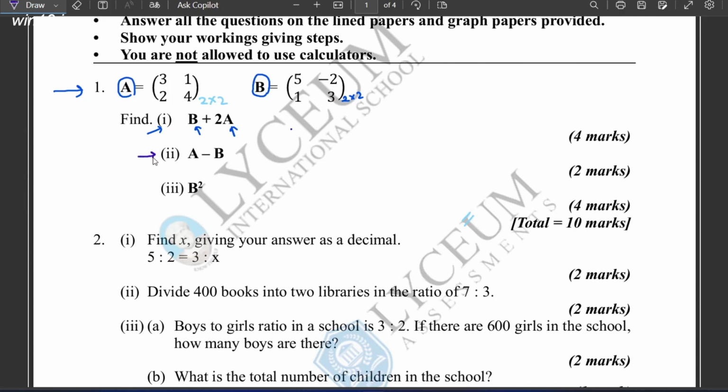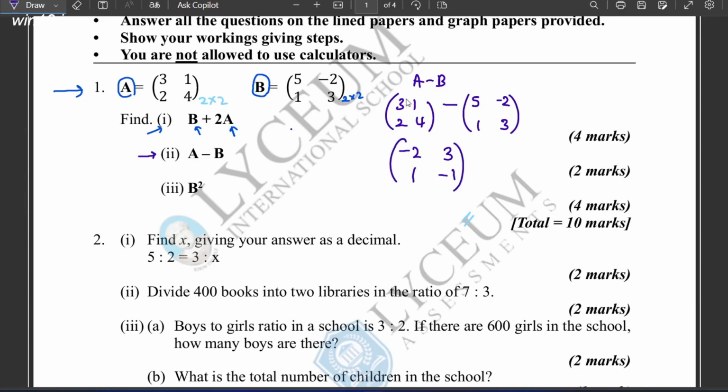Okay, now we have to get A minus B. So A is 3, 1, 2, 4 minus 5, minus 2, 1, 3. Okay, then this is minus 2, 3, 1, minus 1.